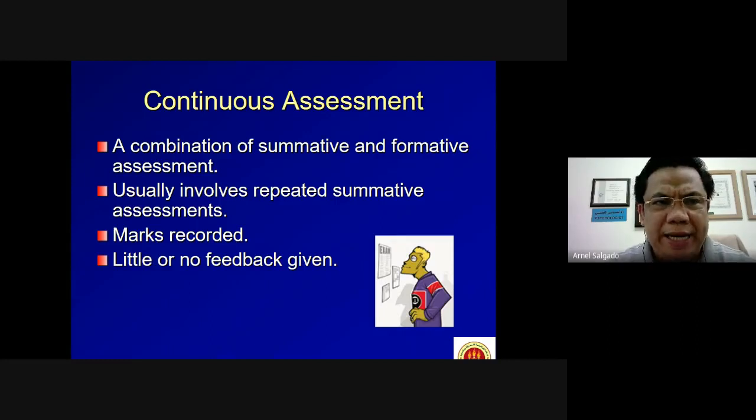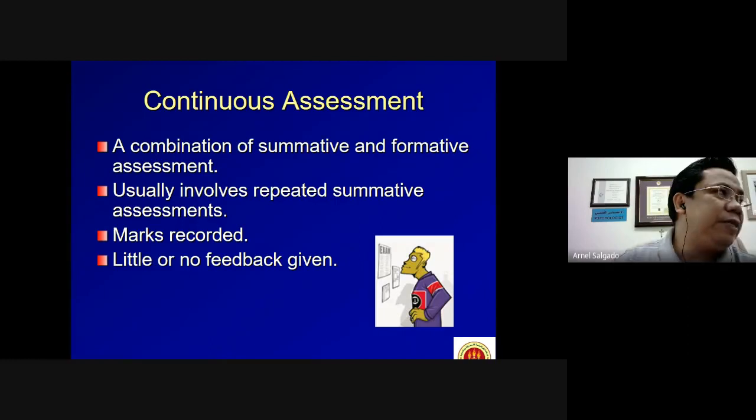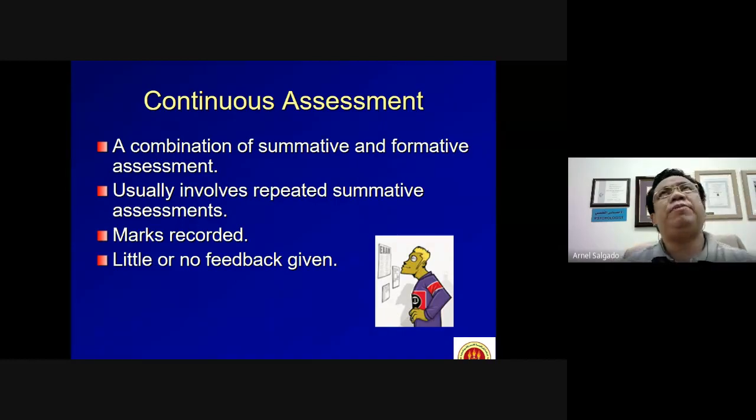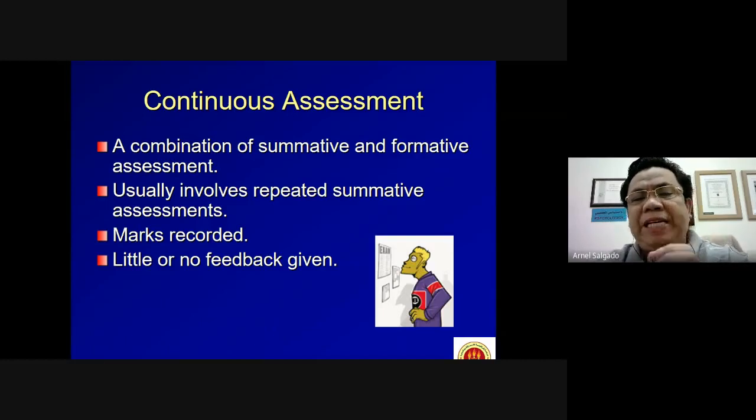So we combine in the end the results, and you can come out with the actual result, a combination of summative and at the same time formative assessments. That's the reason why we call it a continuous assessment. Now, it will usually involve repetitive summative assessments, or repeated summative assessments. And marks are recorded, no?